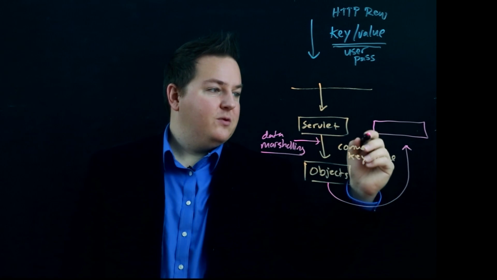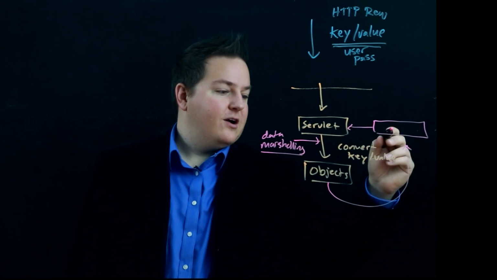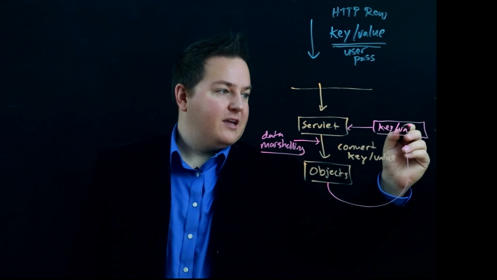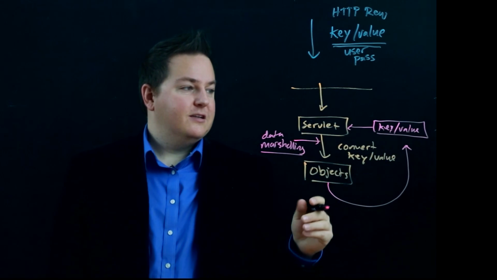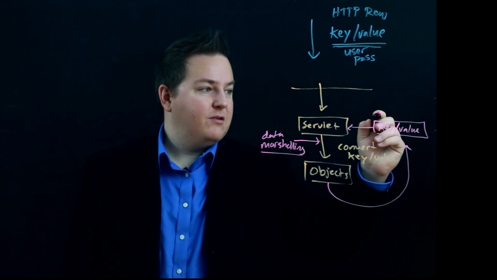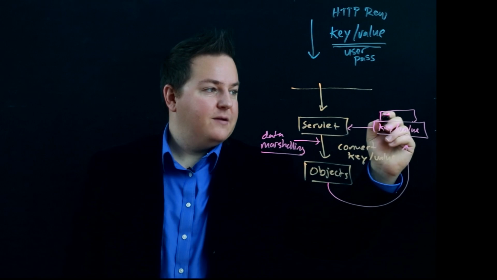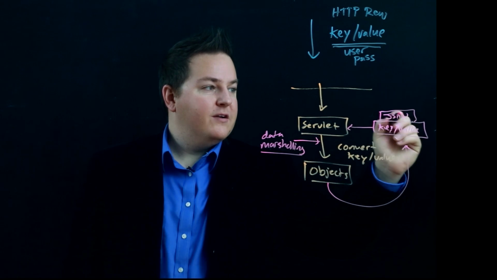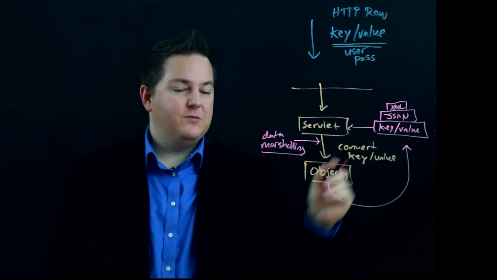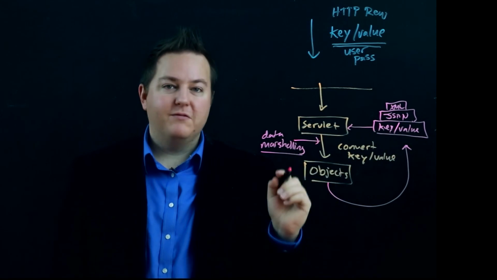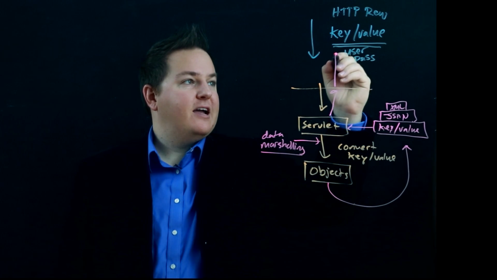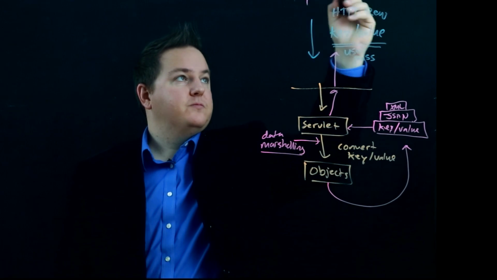So how do we convert our objects back to key value pairs that can go into some HTTP response, or maybe we convert that into some other format like JSON or XML. There's a whole bunch of different formats that we could use that we may want to convert this data to before sending it back to the client that requested it.